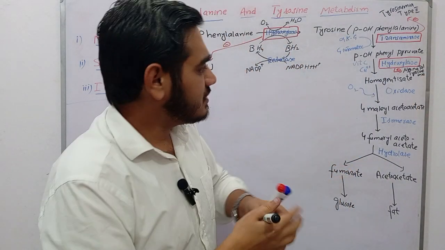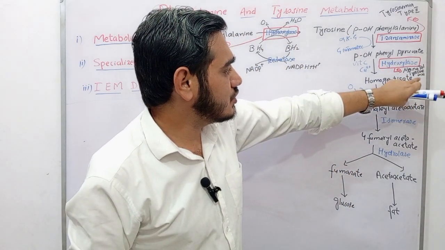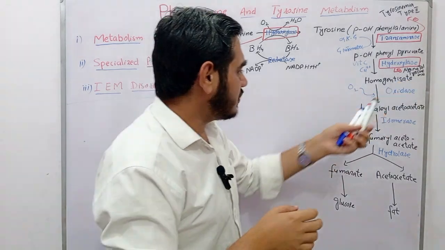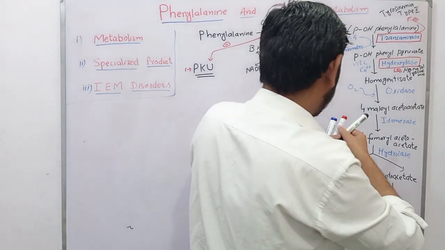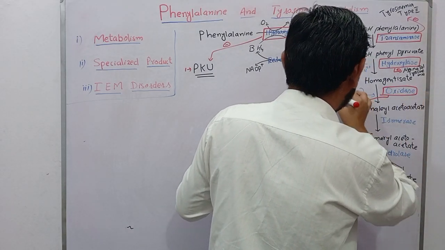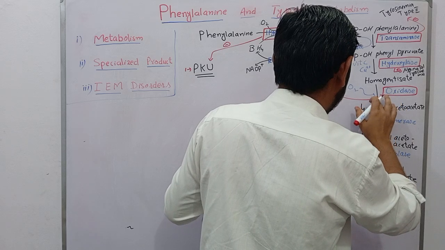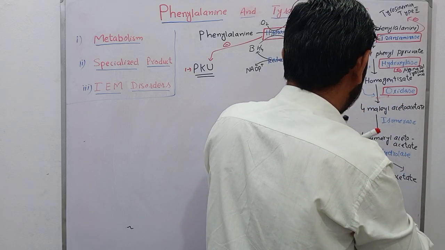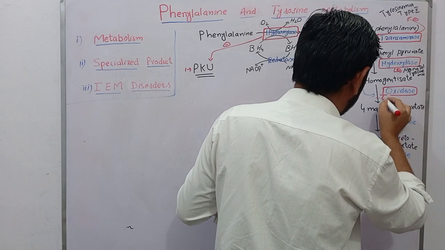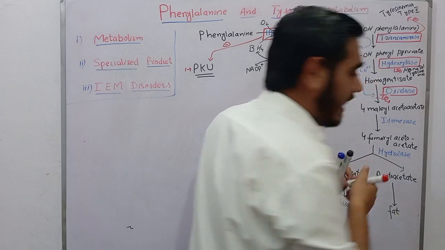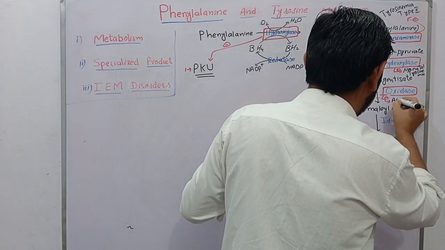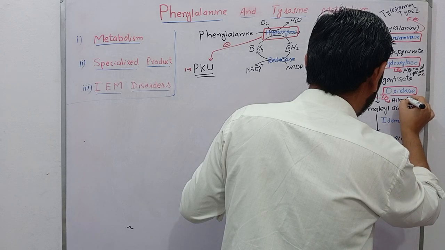The deficiency of this hydroxylase enzyme leads to the disorder neonatal tyrosinemia. Now the deficiency of this homogentisate oxidase enzyme leads to a disorder, and that is alkaptonuria.